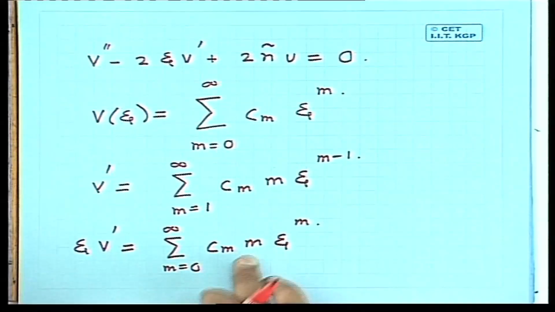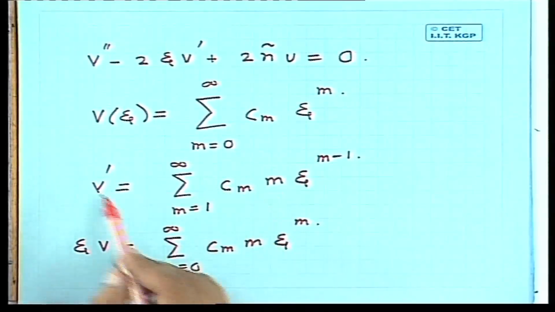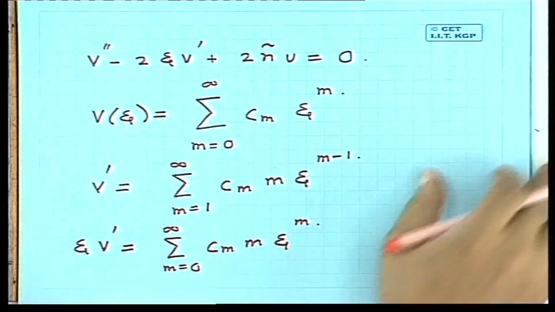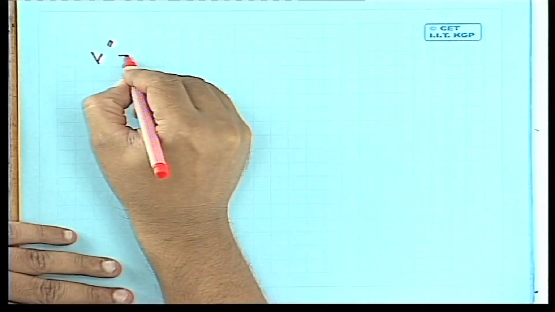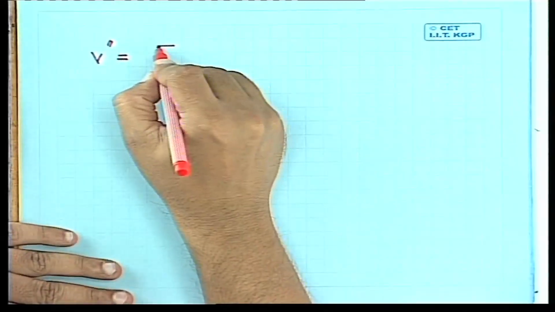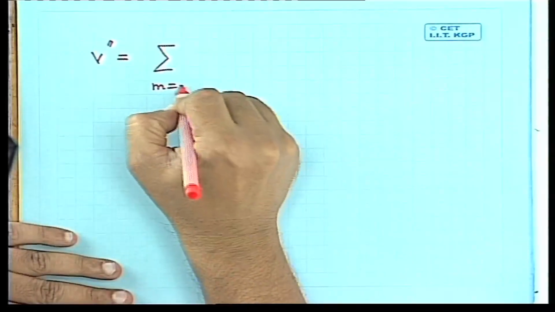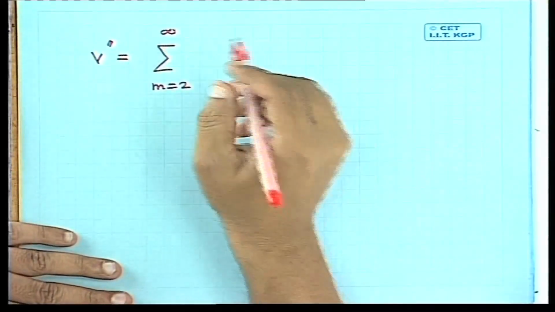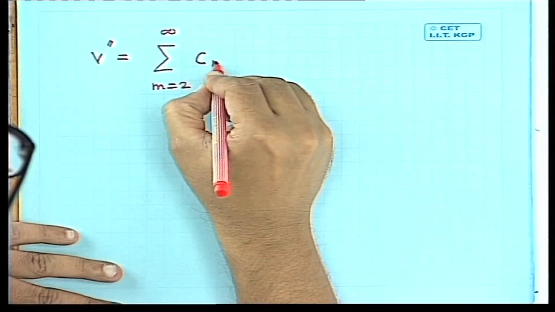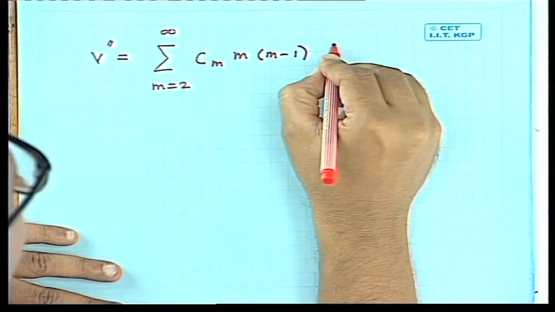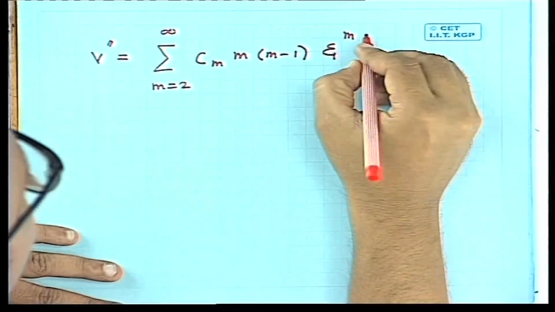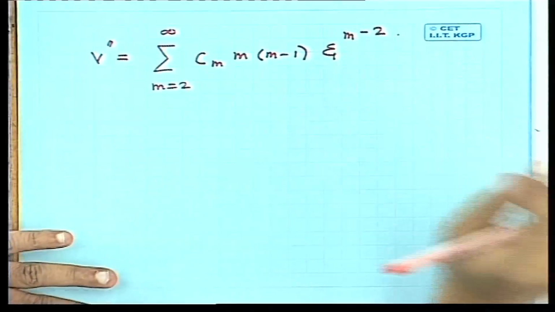So when m is 0, it gives us 0, and when m is 1, 2, 3, 4, it gives us the corresponding value. Let us also calculate v double prime. So this will be equal to summation m equal to 2 to infinity Cm into m into m minus 1 into xi to the power m minus 2.